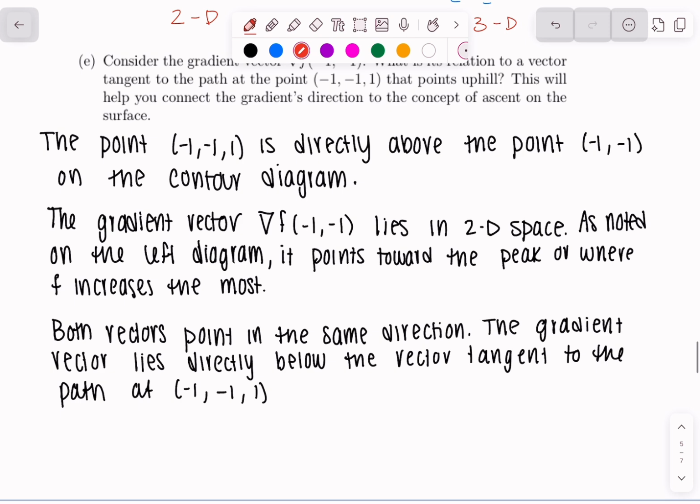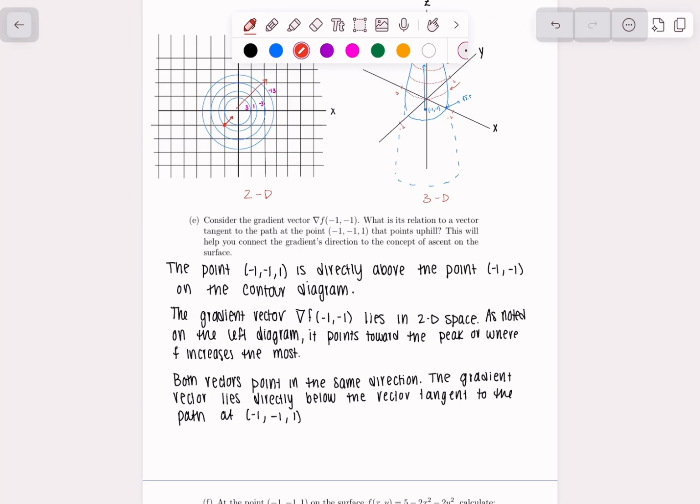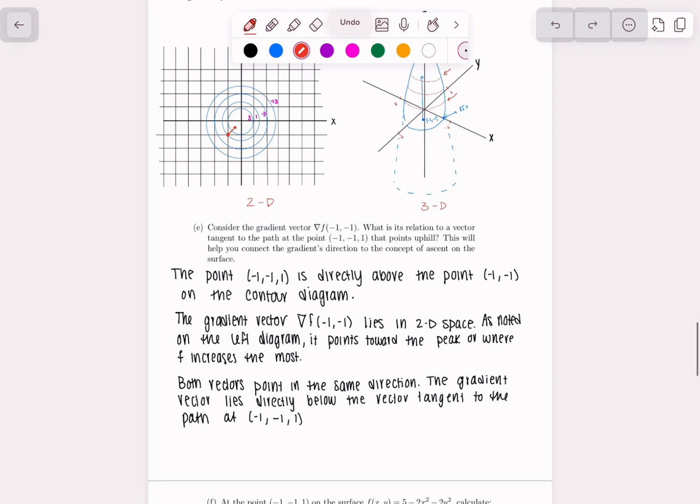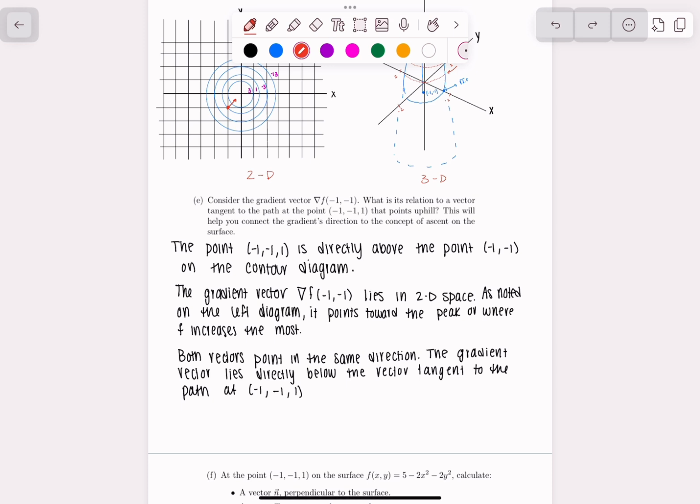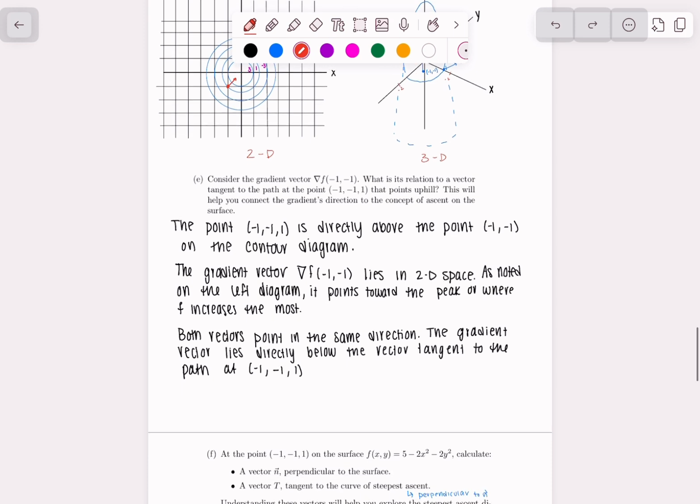The gradient vector f of -1, -1 lies in a 2D space, and it points toward the peak of where f increases the most. Both vectors do point in the same direction, and the gradient vector lies directly below the vector tangent to the path at -1, -1, 1.